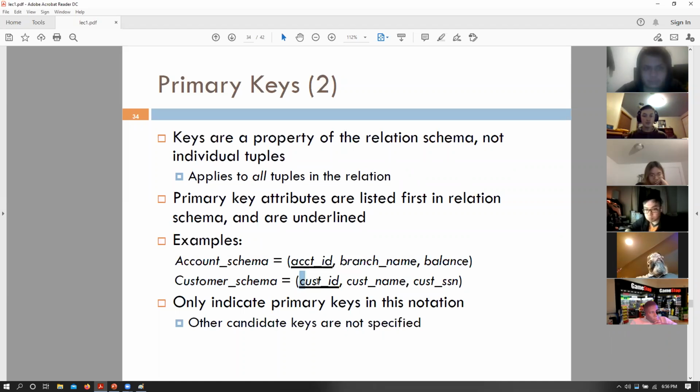Customer schema would have the customer ID underlined with the other attributes such as customer name and customer social security number. Note that other possible candidate keys are not specified in our schema formulation. It is a bit sad or unfortunate, but this is how we are going to represent our schemas, right? Only the primary keys.